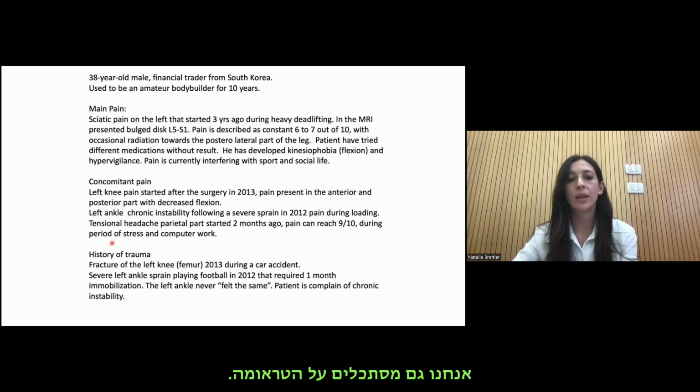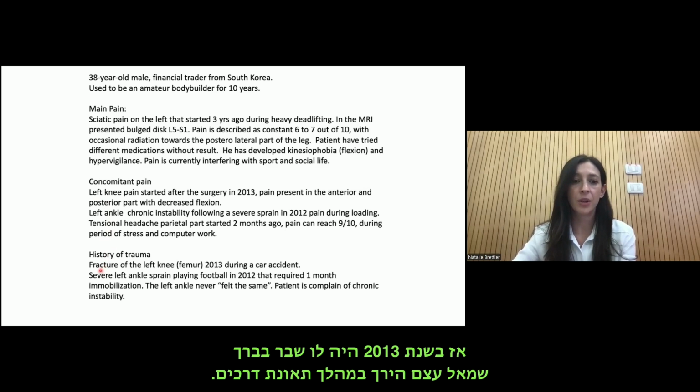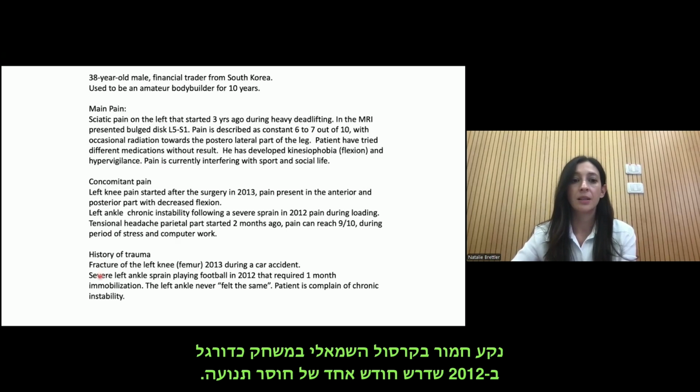We also look at the history of trauma. So in 2013, he had a fracture of the left knee, the femur, during a car accident. Severe left ankle sprain playing football in 2012 that required 1 month of immobilization.